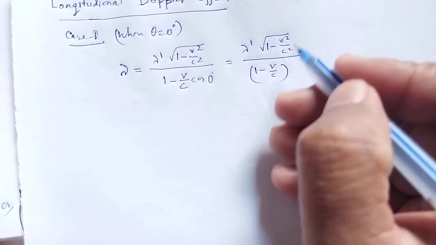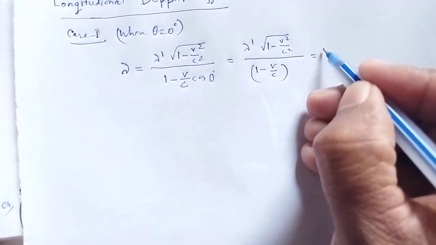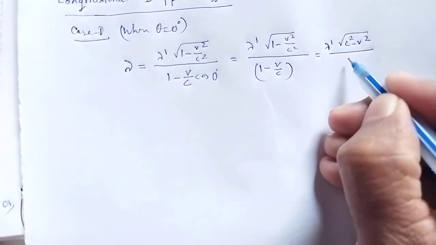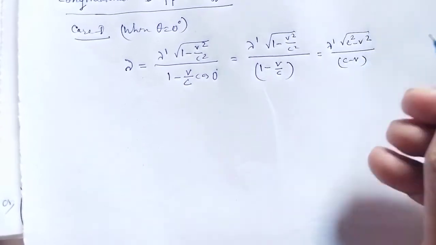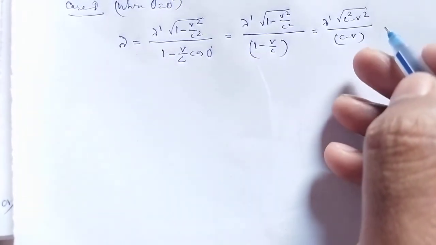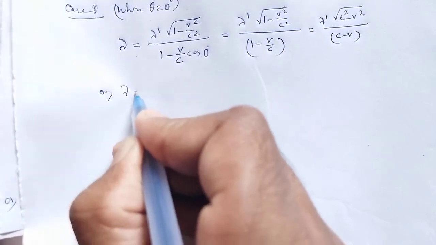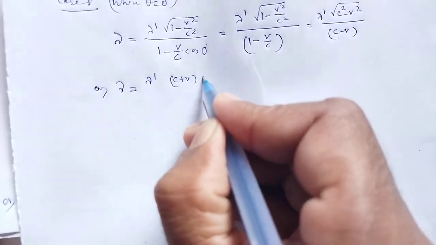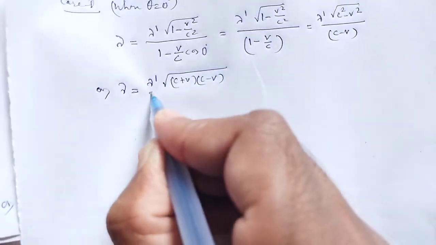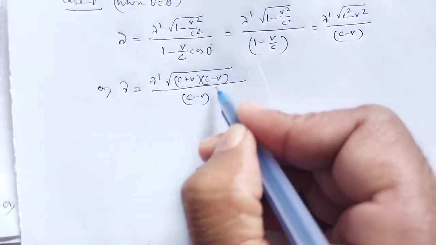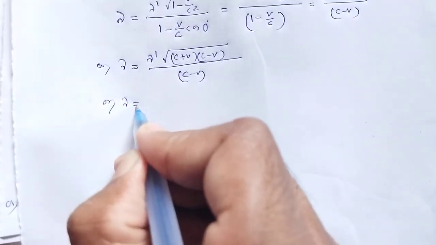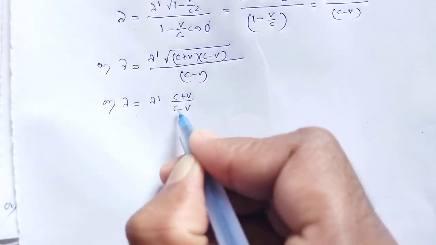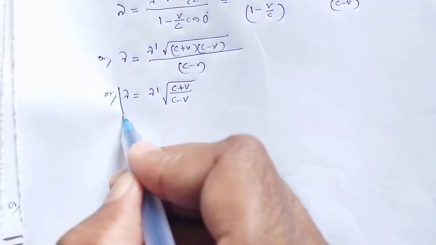Simplifying, nu is equal to nu dash square root of c square minus v square divided by c minus v, or nu dash square root of c plus v whole into c minus v divided by c minus v, cancel out. Or nu is equal to nu dash square root of c plus v divided by c minus v.